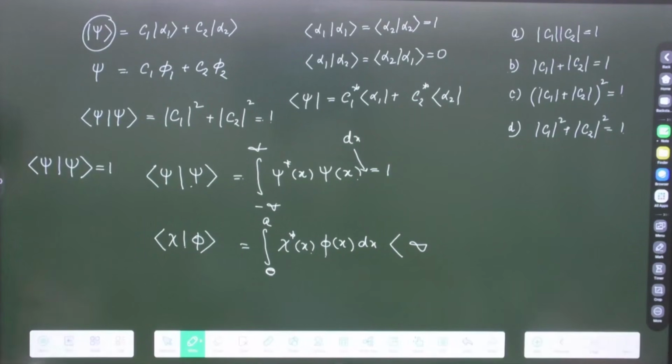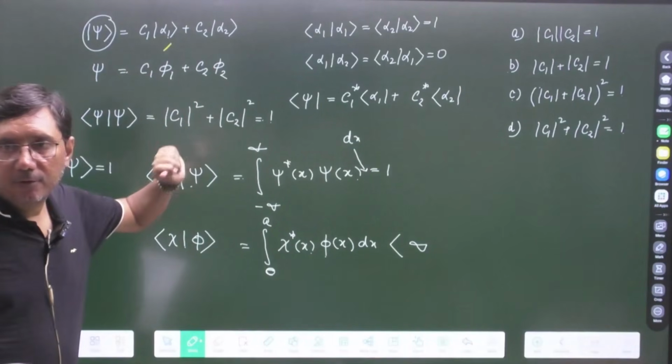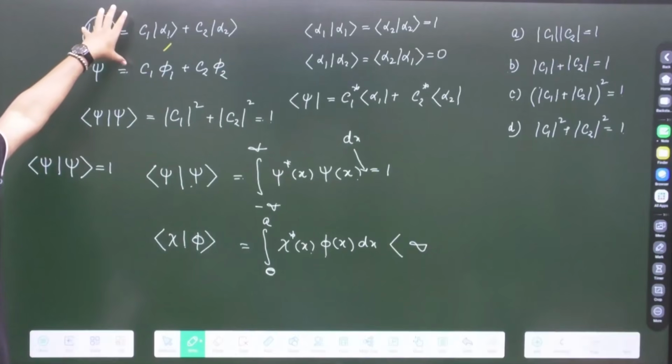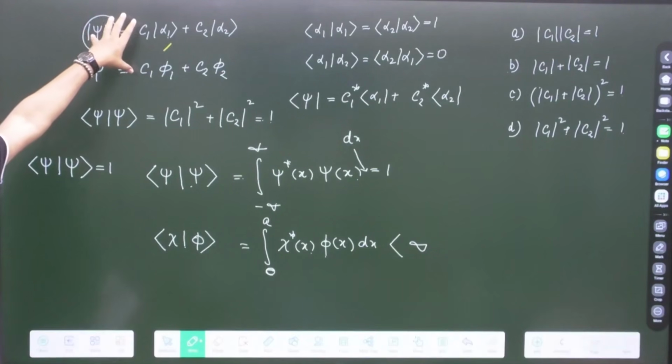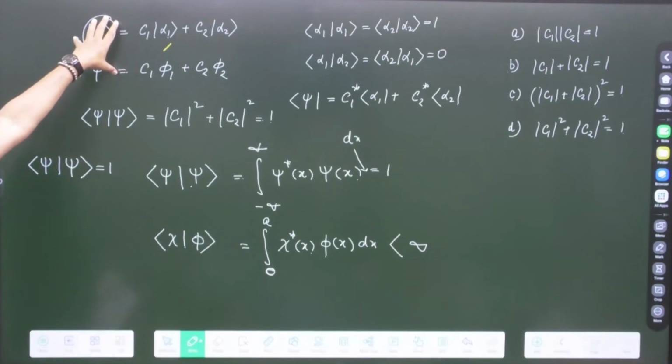Okay? And any of the states, later on in the next class I will come to this, any arbitrary state of a quantum mechanical system can always be written as a superposition of eigenstates. So these are the eigenstates alpha 1, alpha 2. This is an arbitrary state which is normalized.